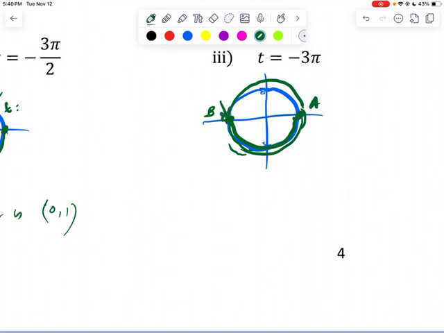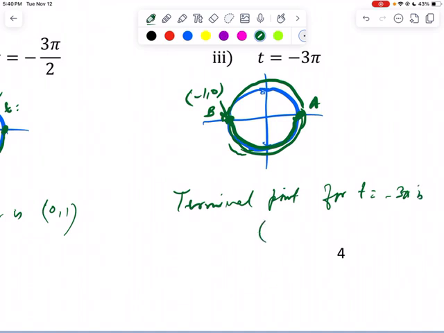That is, we have traveled negative 3 pi. So what is the point? Negative 1, 0. So the terminal point for t is equal to negative 3 pi is negative 1, 0. And if someone asks you to go 3 pi, then you have to just go in the other direction.